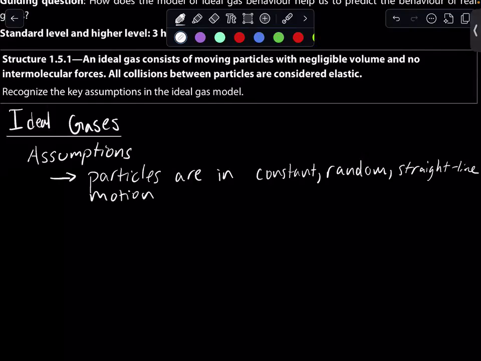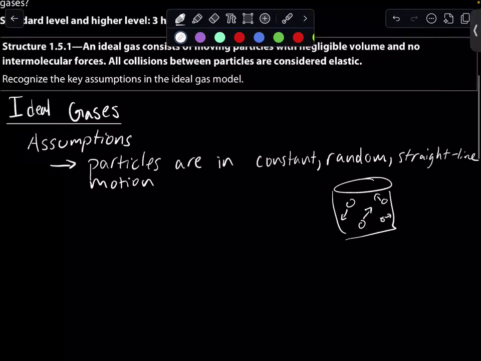So they're just zipping all over the place. If you have a container and some gas particles, you don't know where they're going, but they're always traveling in straight lines. And they're not going to be deflected. They can hit walls and bounce off them in other directions, but again, those collisions are random as well.